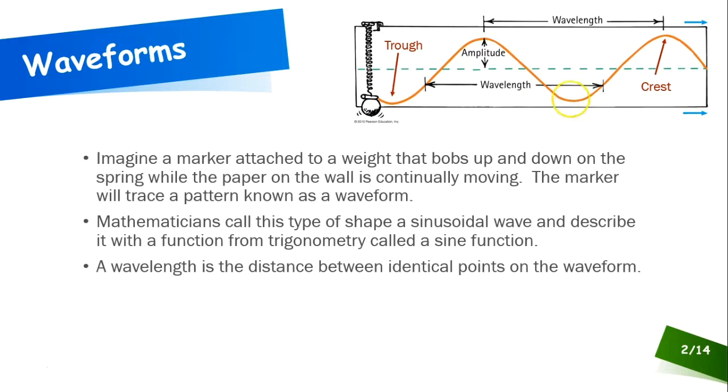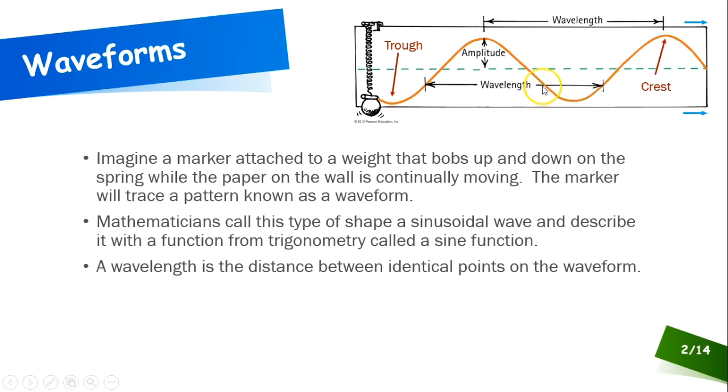That's also wavelength. This wavelength that they're measuring here, this isn't a crest or trough, it's somewhere in between. You might think, well, why is it that we're not using this point to measure the wavelength with? Well, that doesn't give us the same distance, and that's because this point is not identical to this point or this point. Reason being is, if you imagine this marker as it's traveling along this path on the paper, marking out this shape as the paper is moving towards the right, when it gets to this point, the marker is actually going in a downward motion.